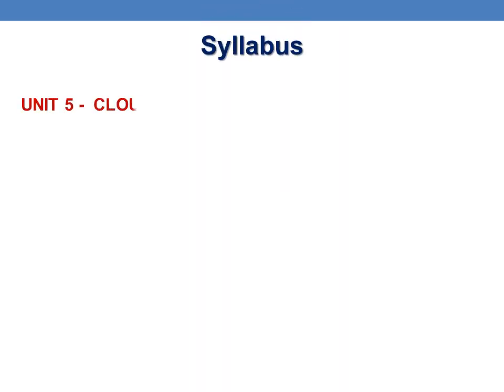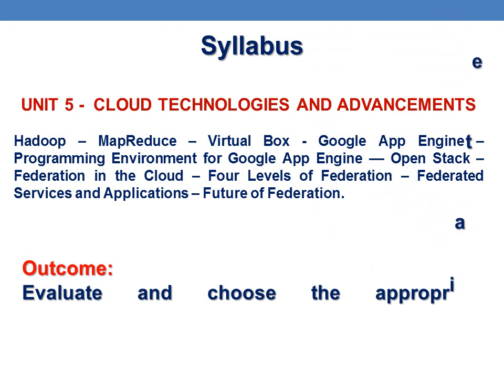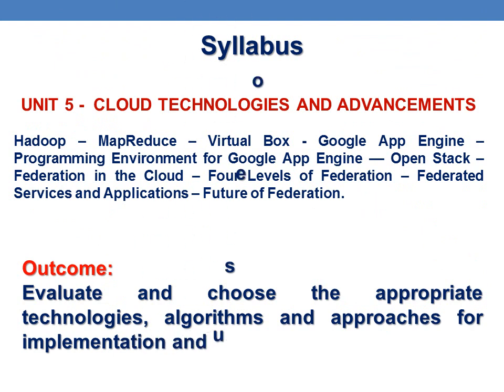Under the 5th unit syllabus, the topics are Hadoop MapReduce, VirtualBox, Google App Engine, programming environment for Google App Engine, OpenStack, Federation in Cloud, four levels of Federation services and applications, and the future of Federation.